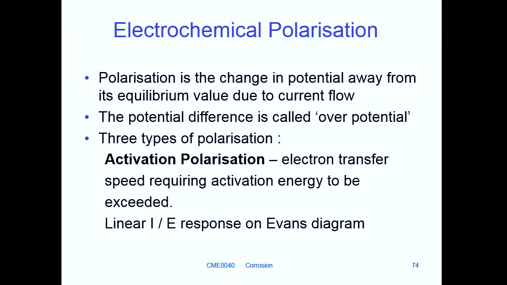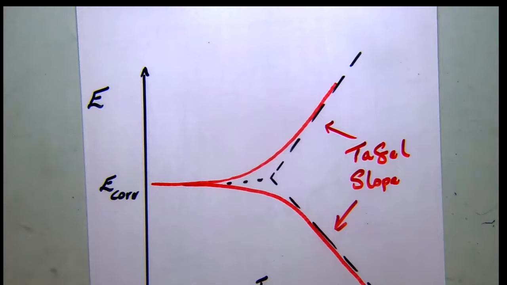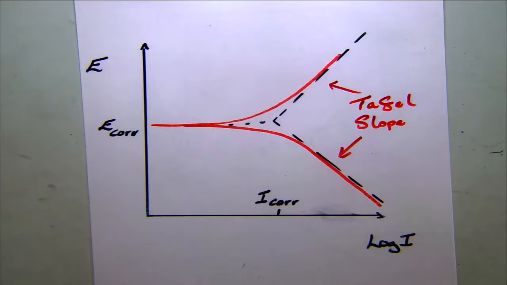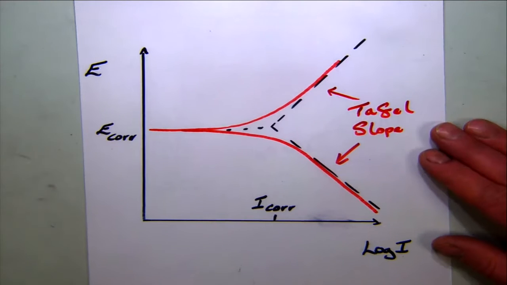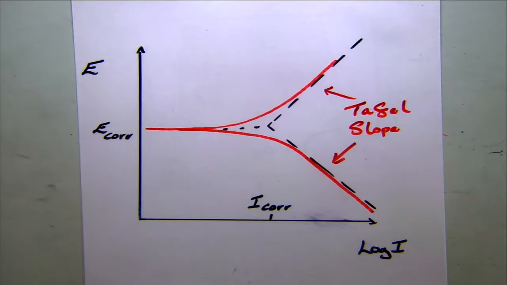And they're called Tafel slopes, after a guy who identified this as a way of trying to identify mechanisms in corrosion cells. That's our free corrosion or equilibrium potential before we start to move away from equilibrium.